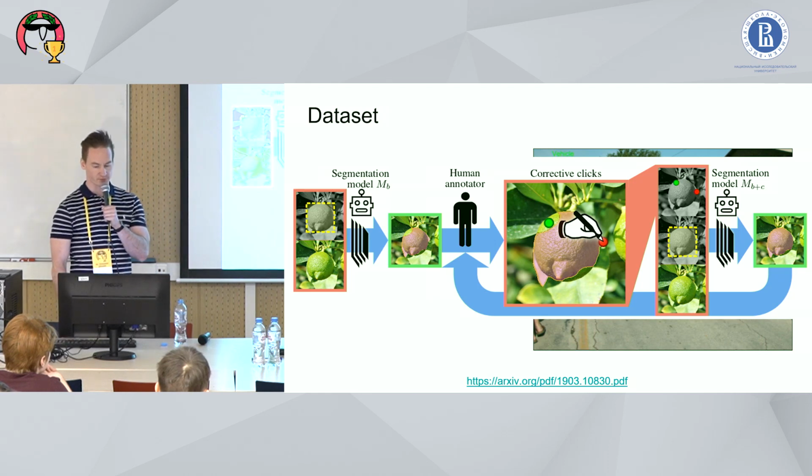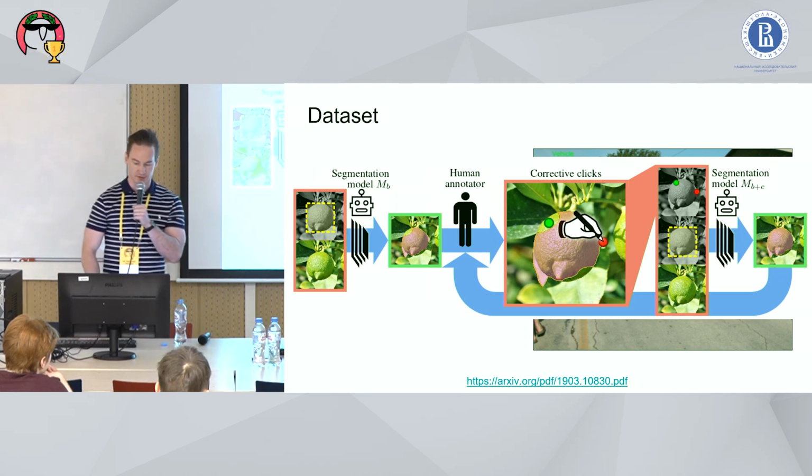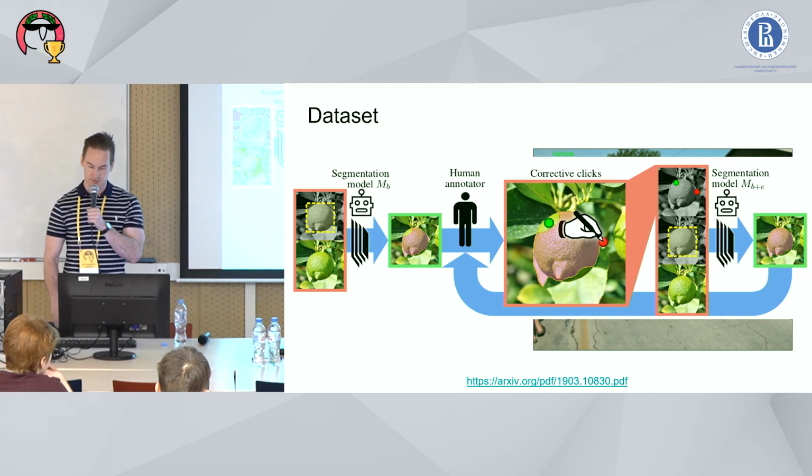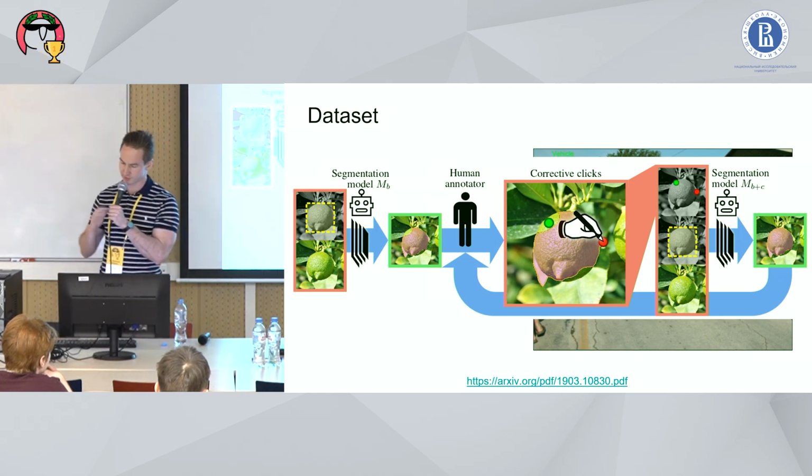It's a positive click for the object and a negative click for the background. After this procedure, they iteratively increase the quality of the segmentation model and make annotation for the rest of the dataset. So the train part was annotated semi-automatically, but the test part was annotated manually, using, for example, Paint or some similar tools.